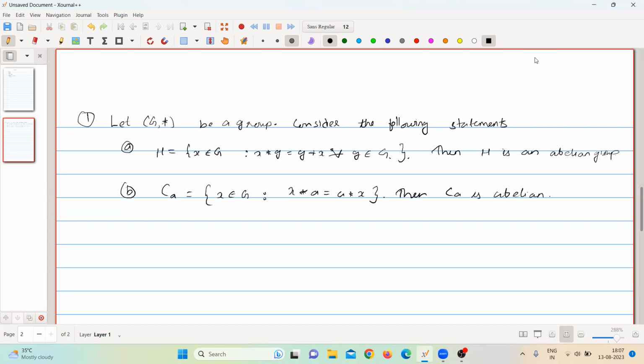So we have two statements. We need to check which of the above are true.